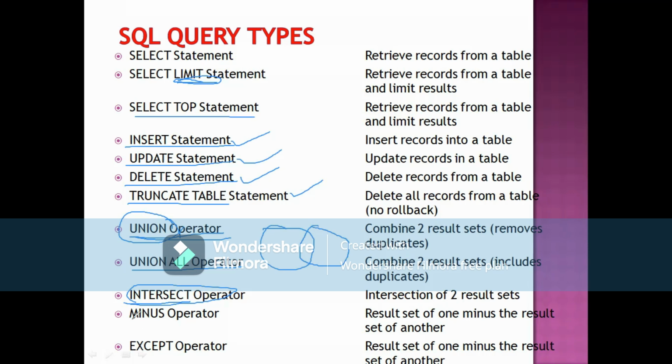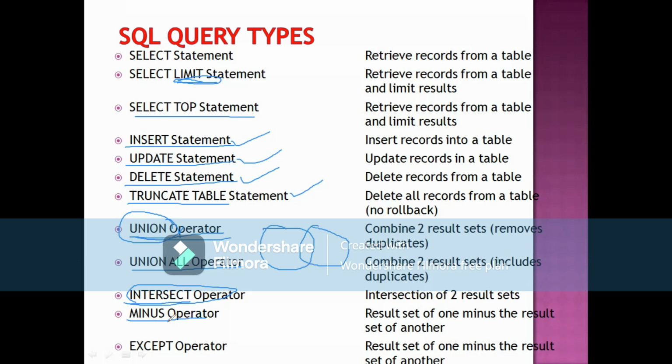Okay. Next one is the minus operator. What is the minus operator? The minus operator provides the result set of one minus the result set of another. We can consider two results, then subtract the second from the first or the first from the second.